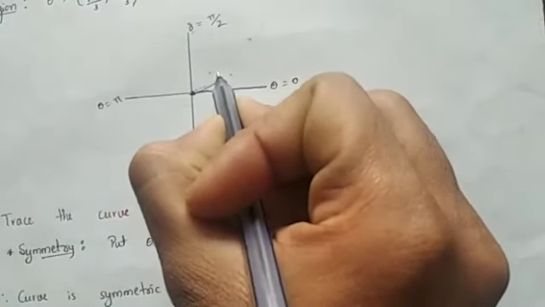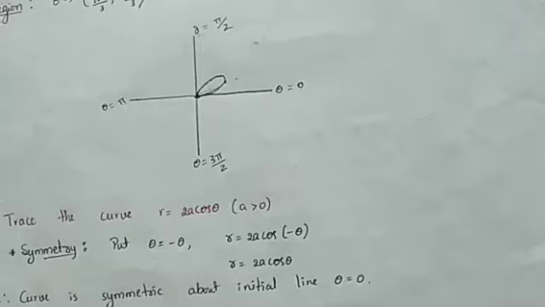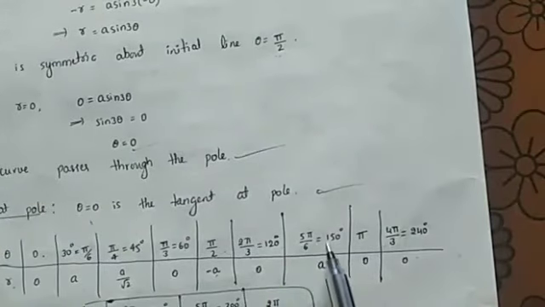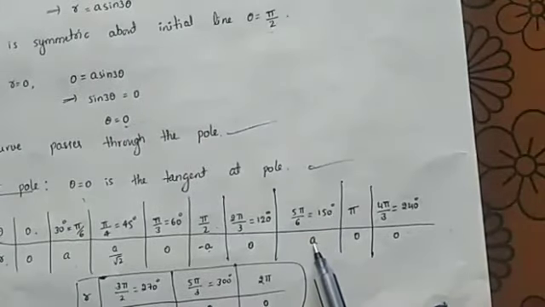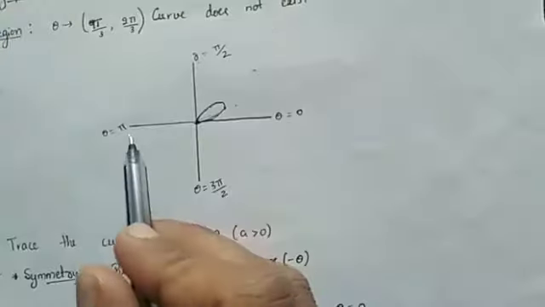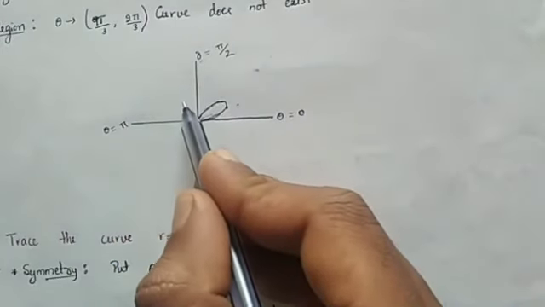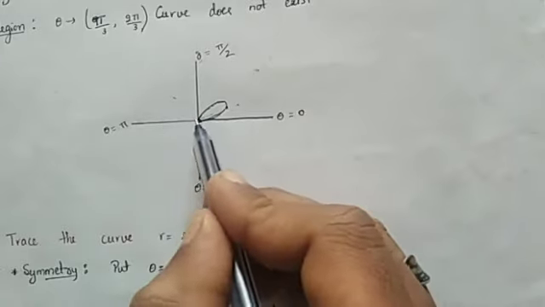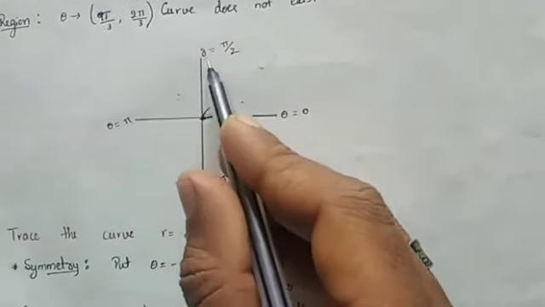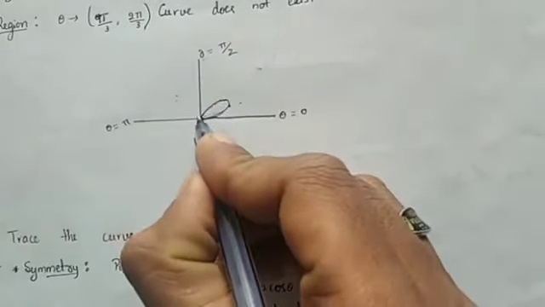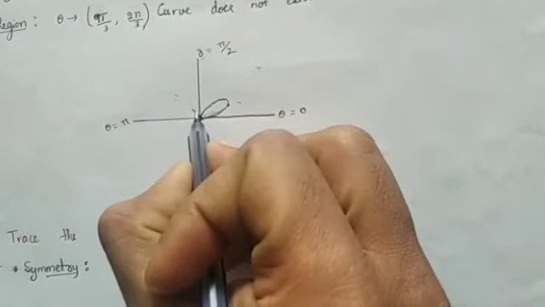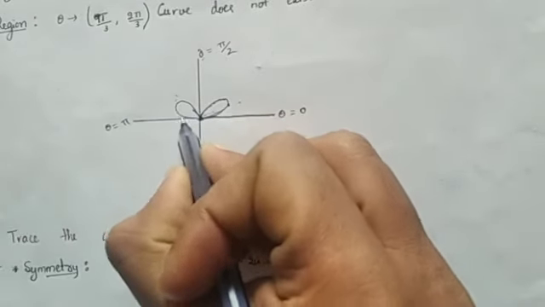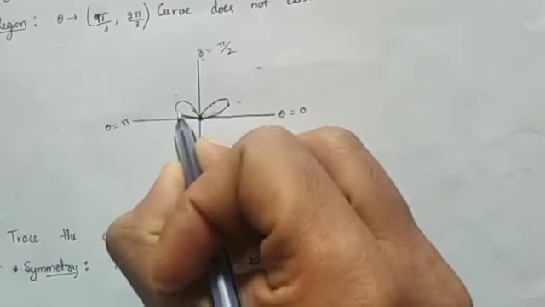Okay, we draw the curve like this. The next, for the theta value 150 degree, the value of r is a. This is the 150 degree angle. This is a. The curve is symmetric about the y axis, so we draw the curve like this also.